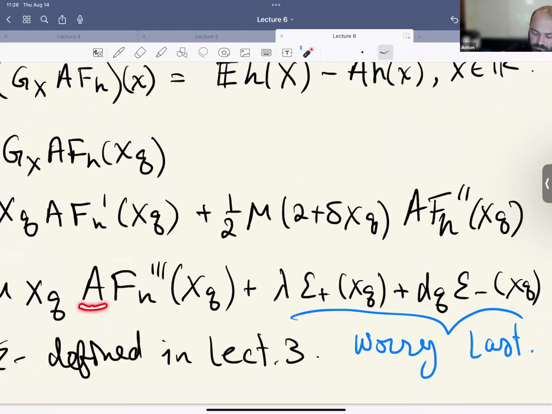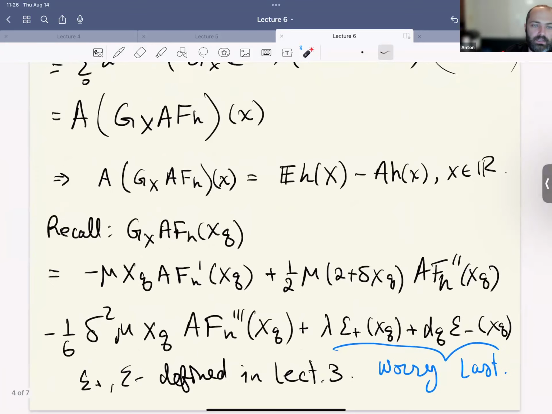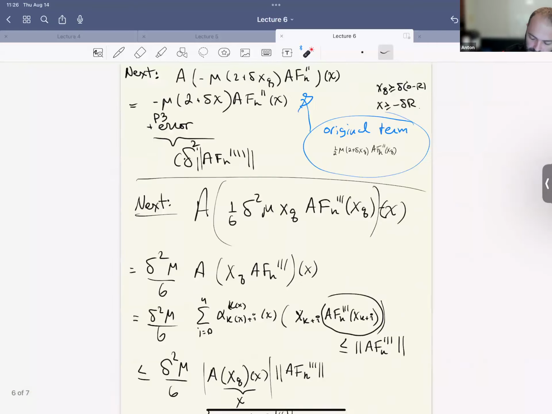So when we apply the interpolator A to epsilon plus, the lambda comes out and we use the bound we derived. Here we have the death rate. But again, this is a linear function in x. So if we apply A to both of these things, we again use the product rule, and then we use the uniform bound on the epsilon. So it's manageable with what you've already seen.